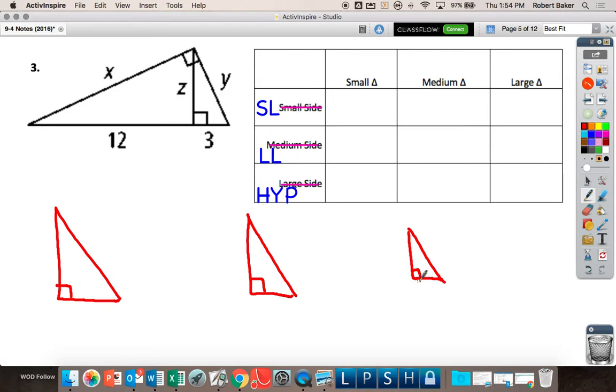Is anybody not feeling the labeling part? That's easy. Everyone's like pros at it. Alright, so I'll give you guys a few minutes to label them and we'll check and see what you got.